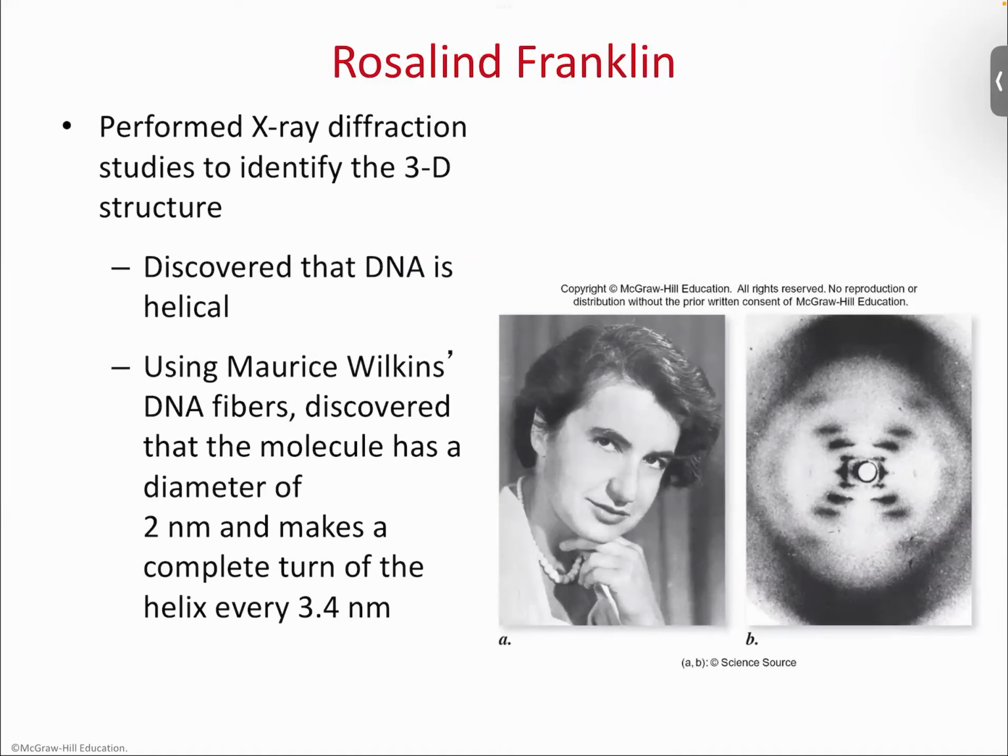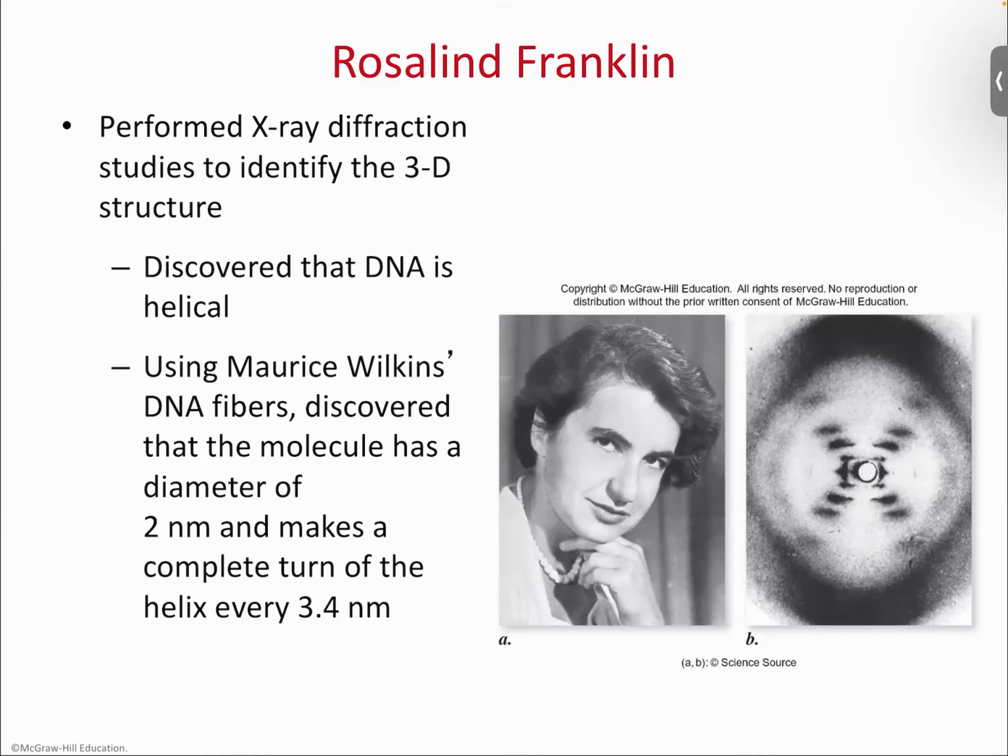What she did was X-ray diffraction studies on DNA. X-ray diffraction is simply where you purify a molecule like DNA. You want just DNA, so it's got to be really pure. Then you shoot X-rays at it, and you collect the shadow that it leaves on the backside. It's kind of like me trying to figure out who you are by seeing your silhouette.